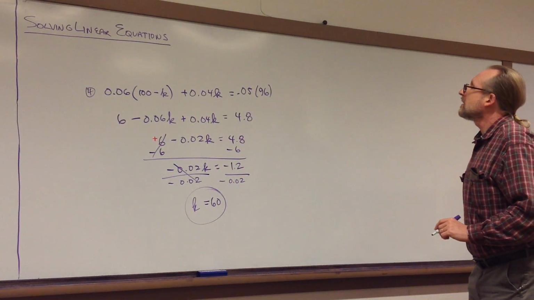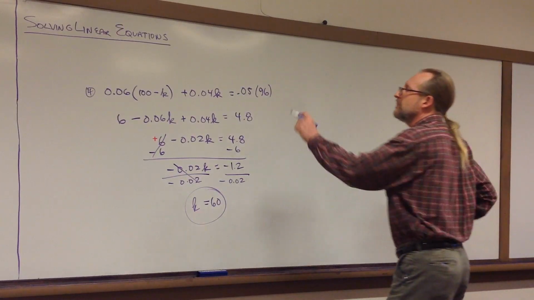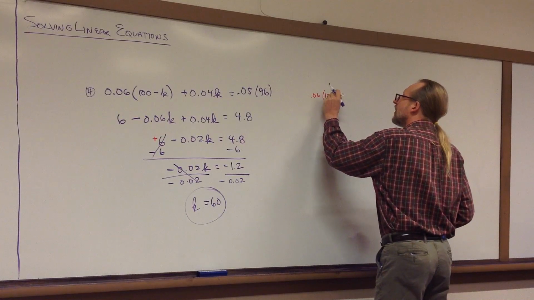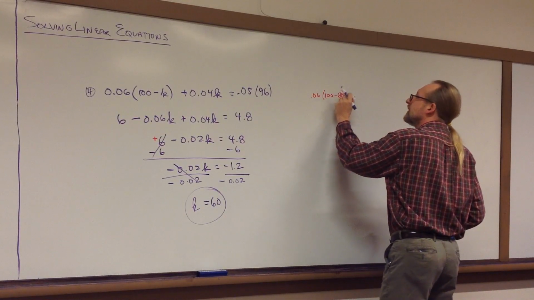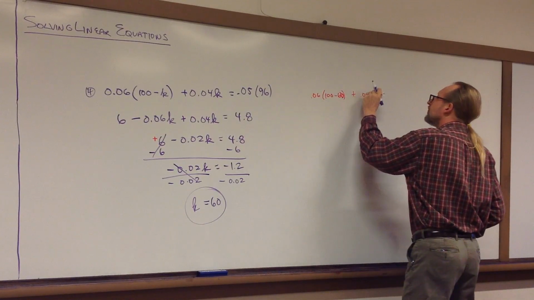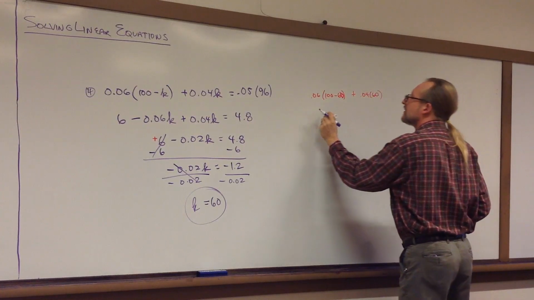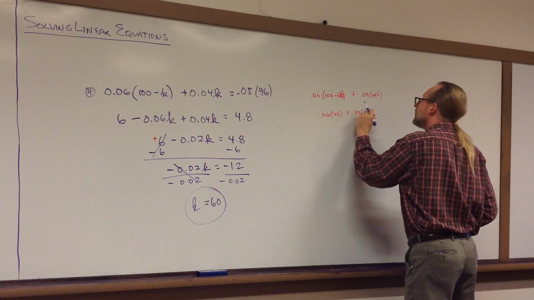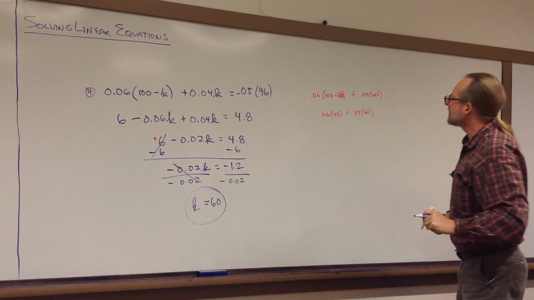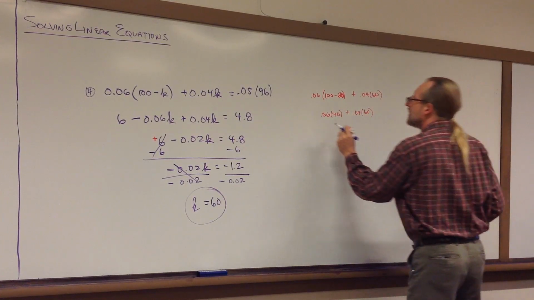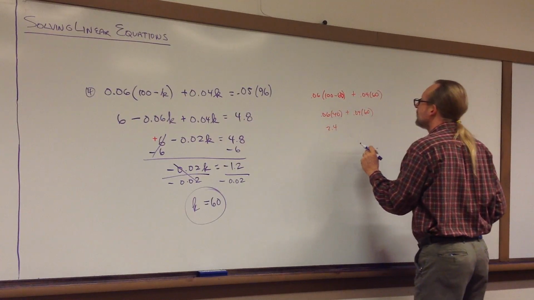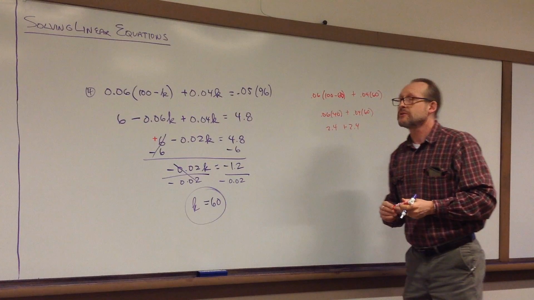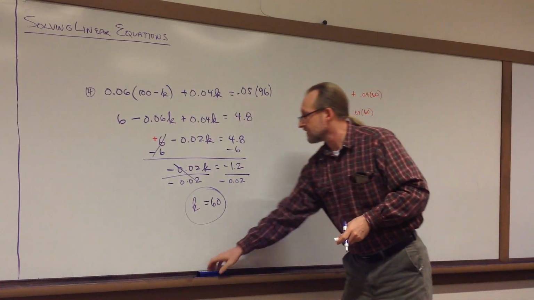All right. Well, let me just plug that in and double check it. So 0.06 times (100 minus 60), and then 0.04 times 60. So this is 0.06 times 40 and 0.04 times 60. So this is going to be 2.4. This is also going to be 2.4, and they're going to add up to give us 4.8. So yeah, that answer is correct.